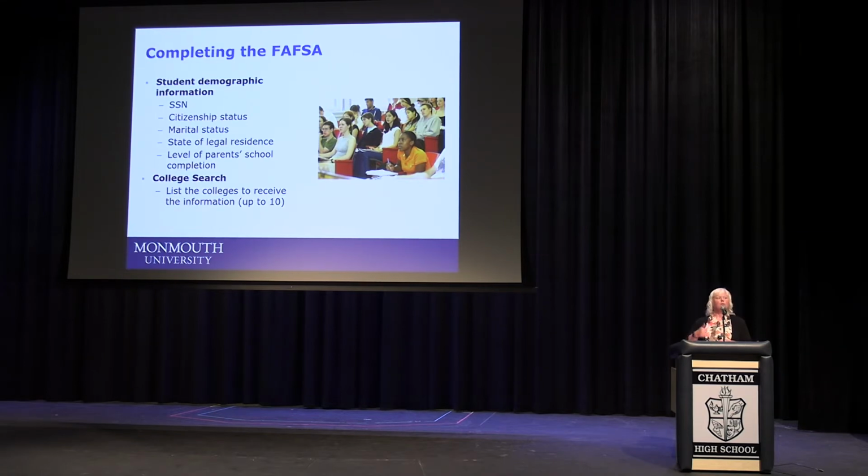When it's done, you log back into the application, and you'll be able to overwrite that section. So if you have 5 more, overwrite 5 of the initial ones that were sent the FAFSA and submit it again. You'll need to make sure you both sign off on it to submit it. That way, the additional 5 schools will receive your application. It cannot go to more than 10 schools at one time.